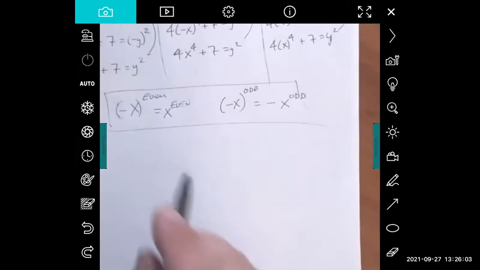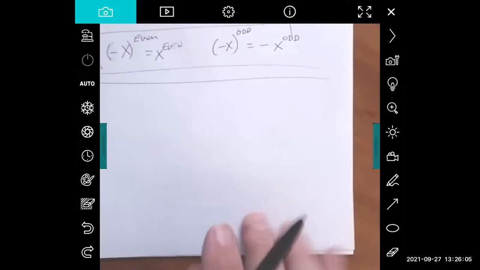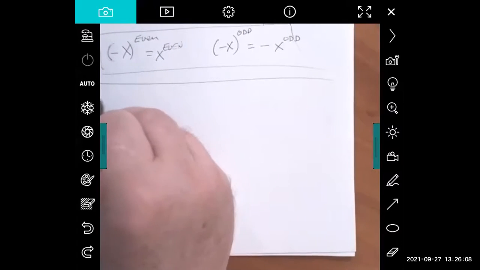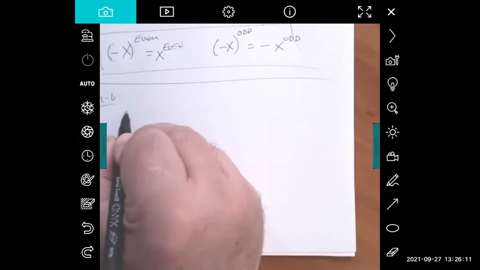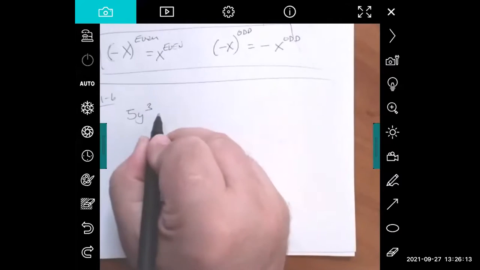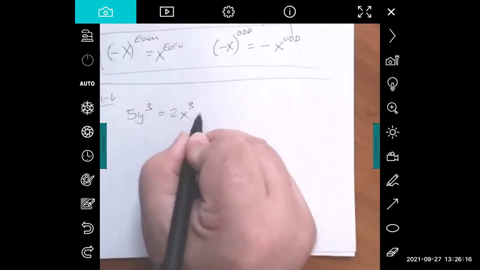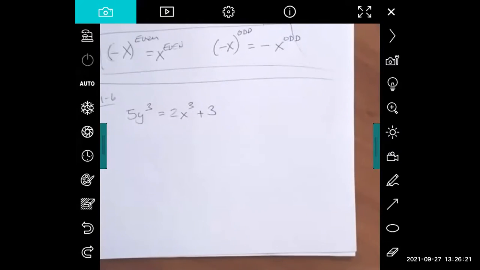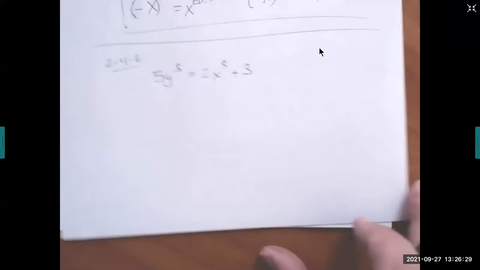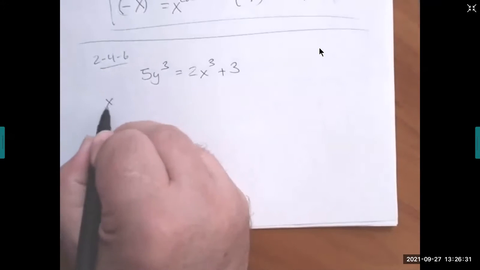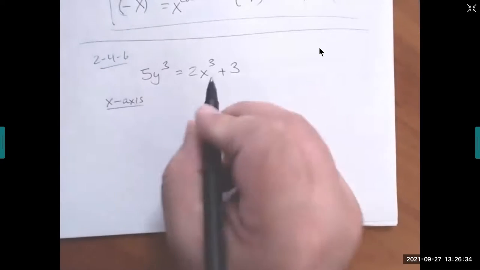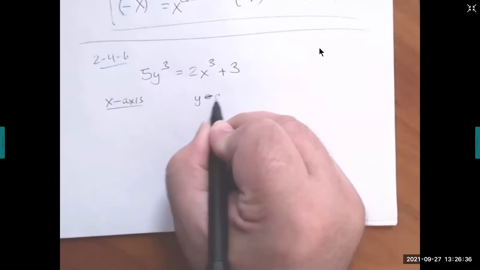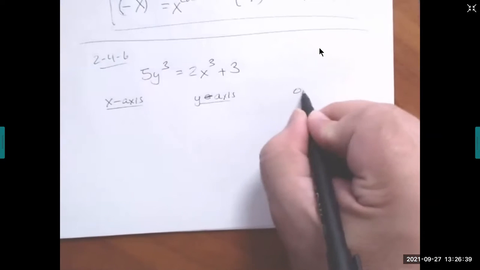Determine the symmetries here. This one, 2.4, number 6: 5y cubed equals 2x cubed plus 3. Test the symmetries. We have the x-axis, the y-axis, and the origin.